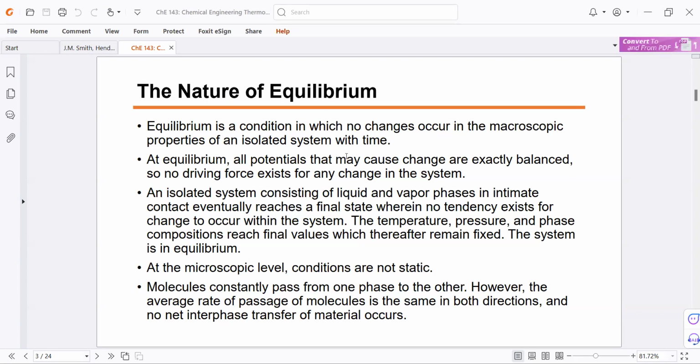Before we proceed, let's discuss the importance of phase equilibria. Why are we studying phase equilibrium? Just as we discussed in this slide, phase equilibrium describes the conditions under which different phases can coexist in a stable, unchanging state.